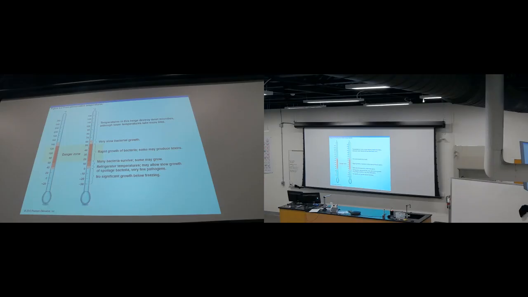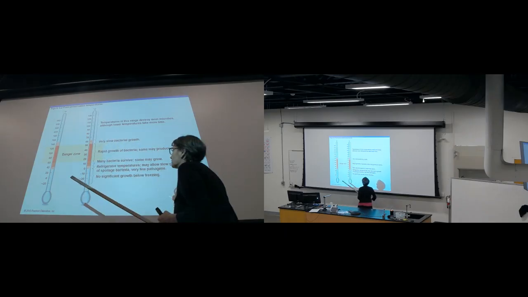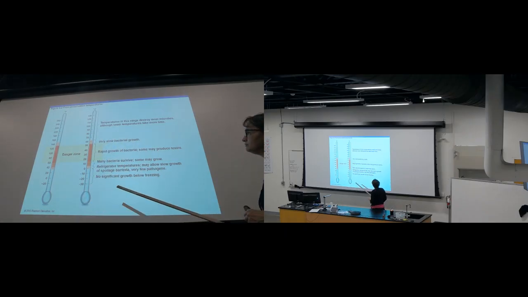So here in this illustration we have 2 thermometers. This one is in Fahrenheit, and the one on the right is in Celsius. So we have equivalent temperatures between Fahrenheit and Celsius.